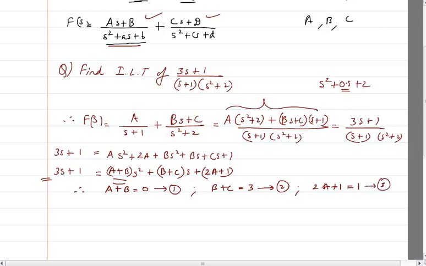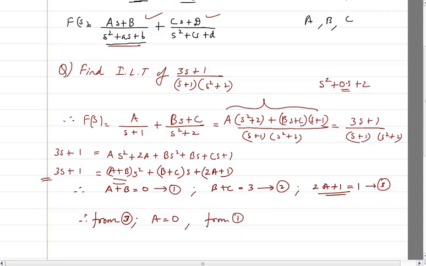Again I can use a calculator for the simultaneous equations, or because it's simple, from the third equation 2a = 0, therefore a is equal to 0.